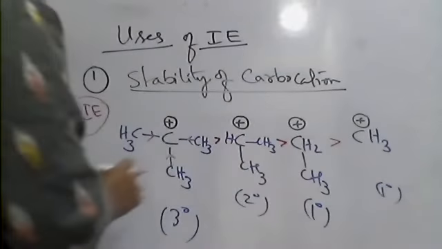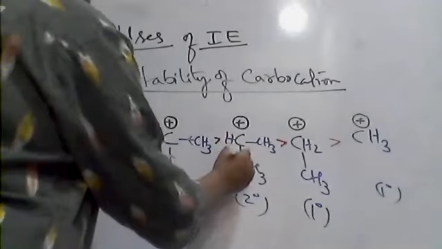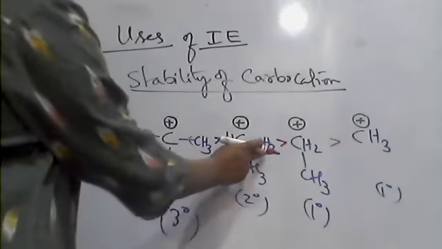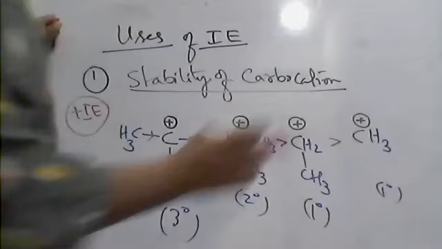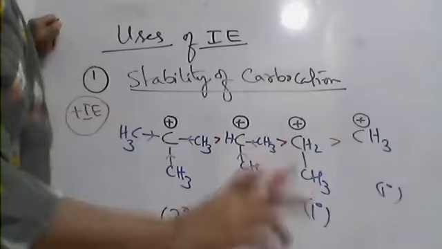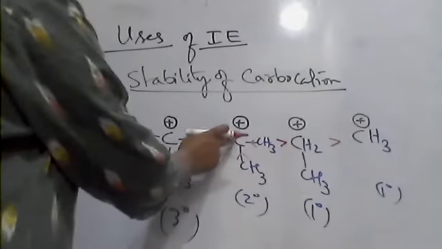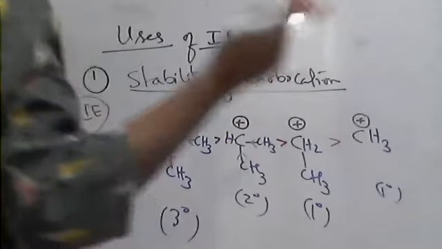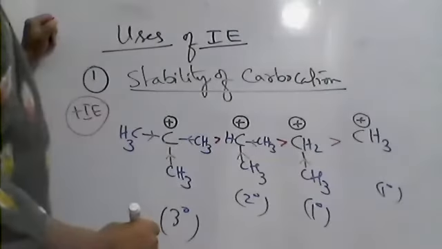Stability increases. And next, in secondary, two groups are there. To this positive carbocation, there are two attached carbons which release electrons. So here the donation of electrons is from two sides. Therefore, the charge intensity is more compared to tertiary, as the plus I groups are 2 units. Then in primary, only one group.